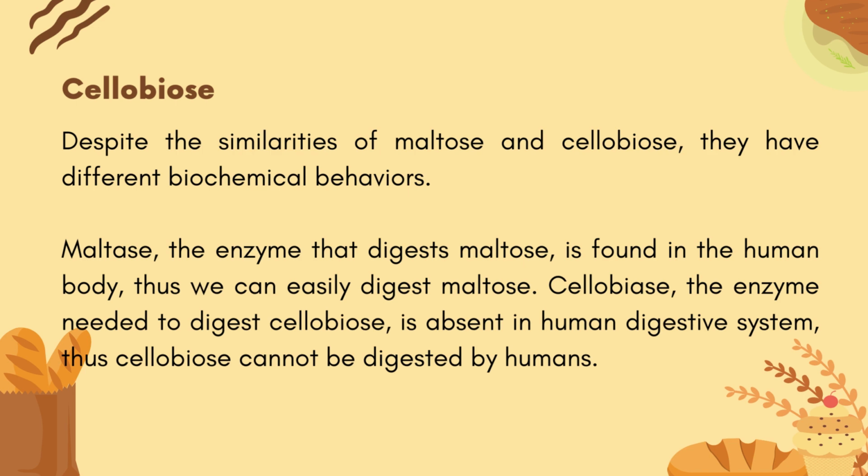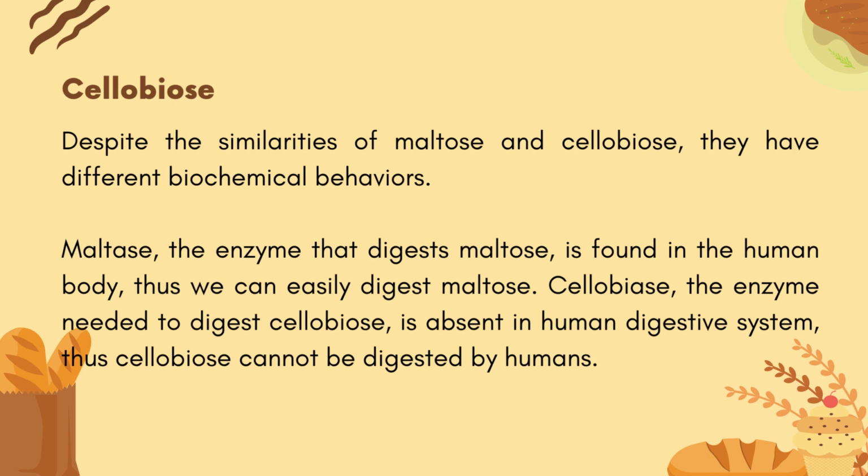Cellobiose cannot be readily digested by humans. What does this mean? To digest carbohydrates, we have to have the enzymes needed for their digestion. For maltose, we do have the enzyme needed for its digestion. It's called maltase, found in our human digestive system. So we can digest maltose because we have the necessary enzymes needed for its digestion.